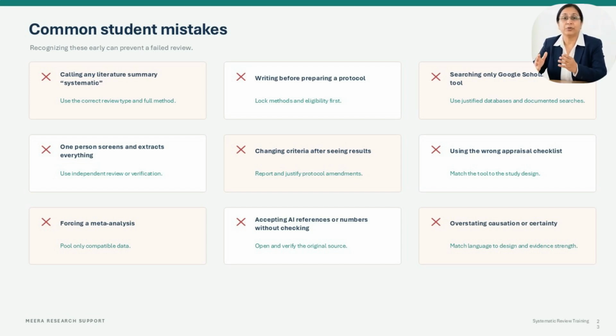Students may also use an unsuitable appraisal checklist, force incompatible studies into a meta-analysis, accept AI-generated references or numbers, and write conclusions that imply causation or certainty not supported by the evidence. The supervisor should check these risks at planned milestones rather than only after the manuscript is complete.